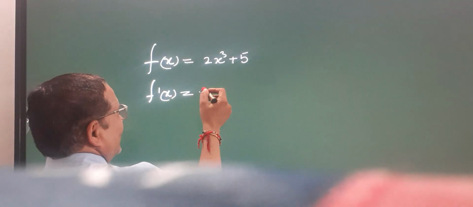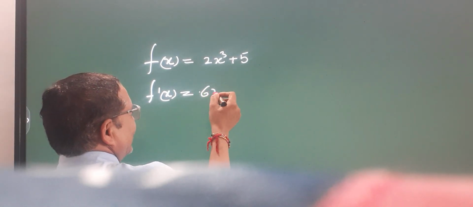What is f'(x)? So f'(x) is equal to 6x square. Now what you have to do is find the critical point. For the critical point, I told you, you have to equate this first order derivative f'(x) equal to 0.